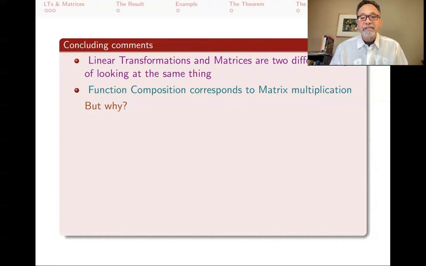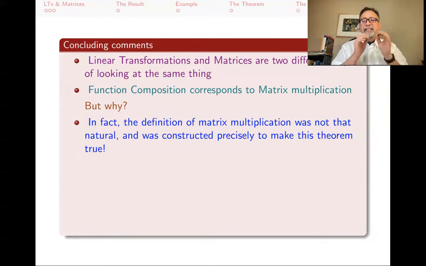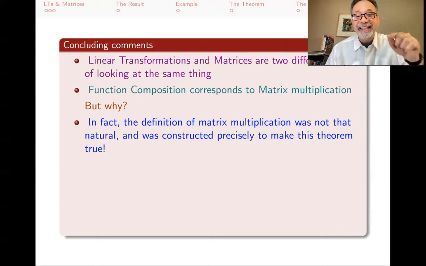Why is that? The fact is that the definition of matrix multiplication, even though it was not natural, was rigged. It was actually rigged in order to make this theorem true. So we define matrix multiplication in that way so that this theorem is true.